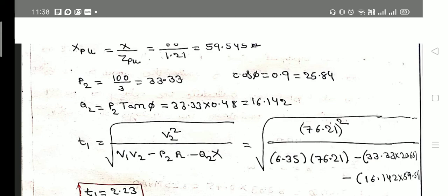Q2 is equal to P2 into tan phi. So substitute here, then we will get the Q2 value. So we can calculate all the values.